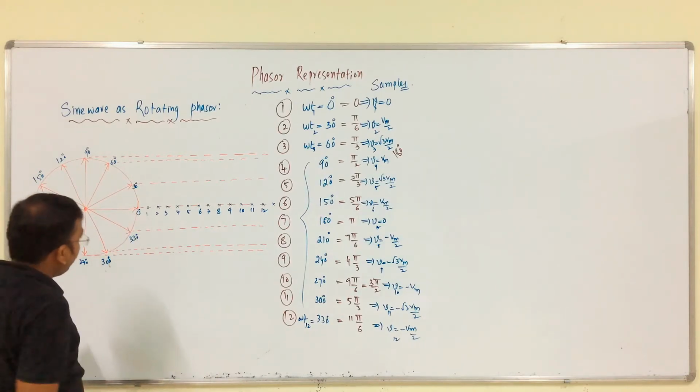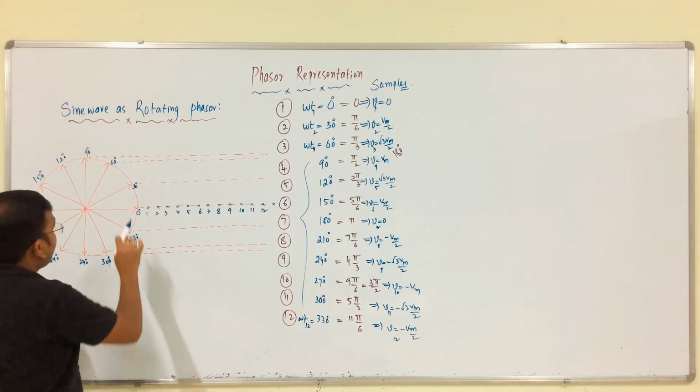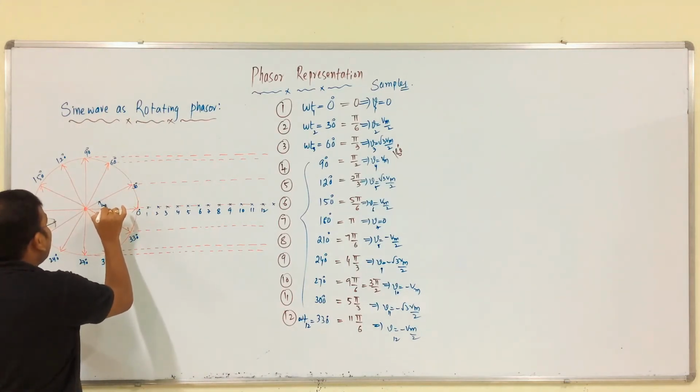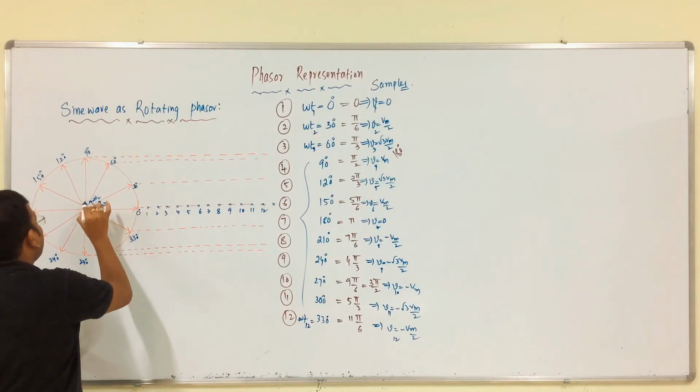Again this is 360, right. So, from here to here, the first sample, that is omega T1, clear. Again from here to here omega T2, from here to here omega T3.